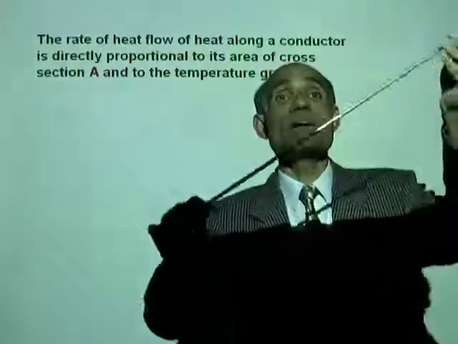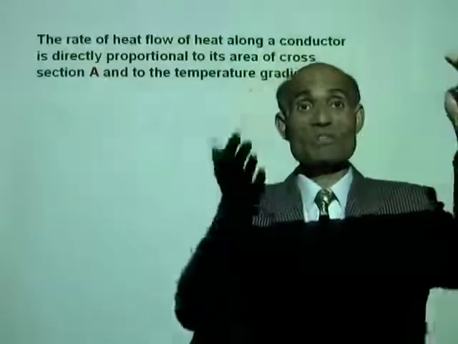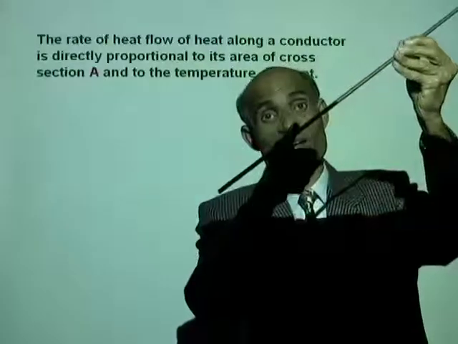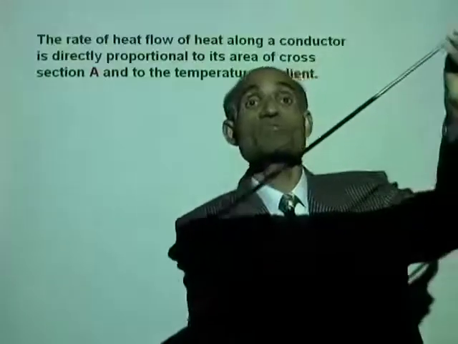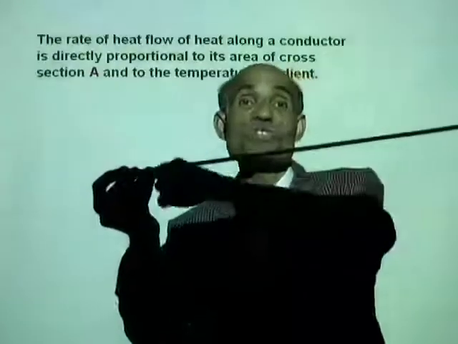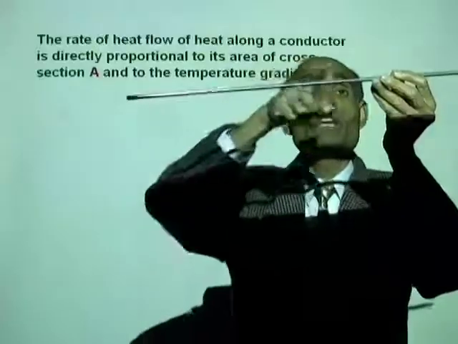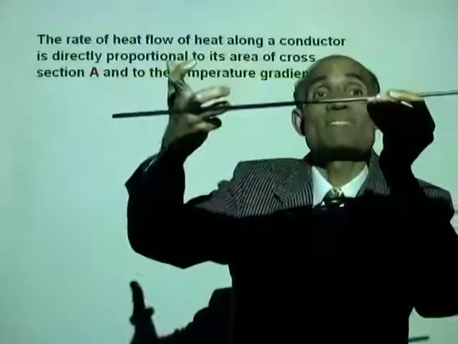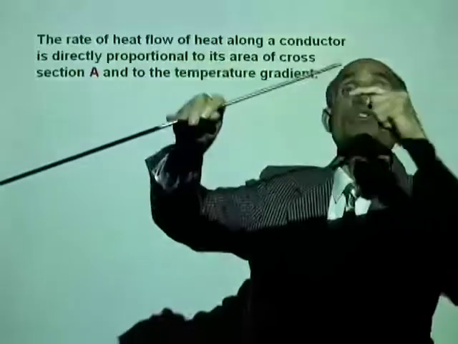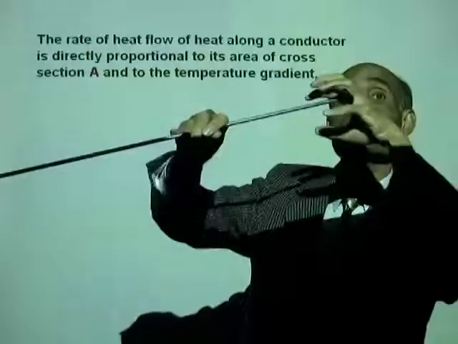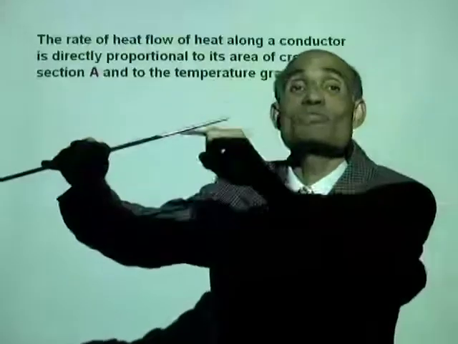In the same way as if the height difference is very high, the water will flow much faster. In the same way, if the temperature difference is very high, the heat will flow along a conductor much faster. Also, the amount of heat flow depends on the area across which the heat travels.